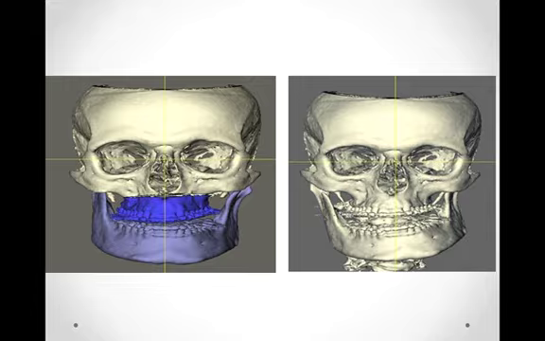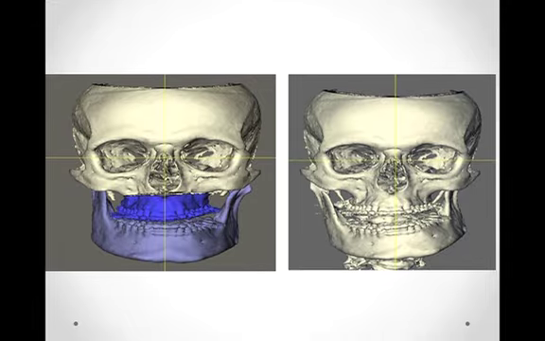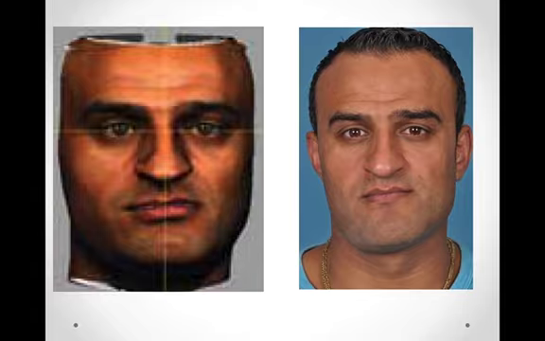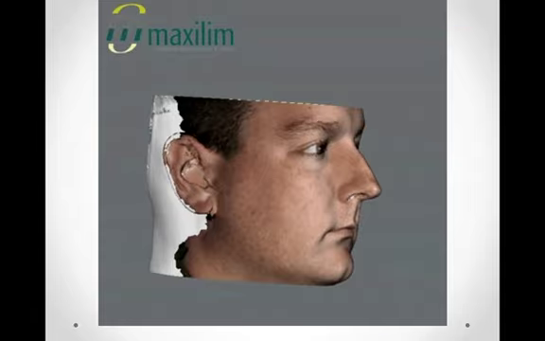So now we corrected the maxilla and the mandible using huge softwares. There's a couple of softwares that are really expensive that we can do these surgical moves on them. And then the soft tissue will follow. So we know exactly the amount of the surgical movement that we want to do.